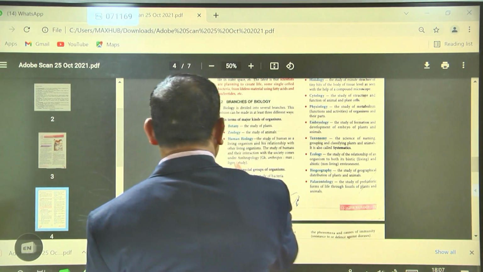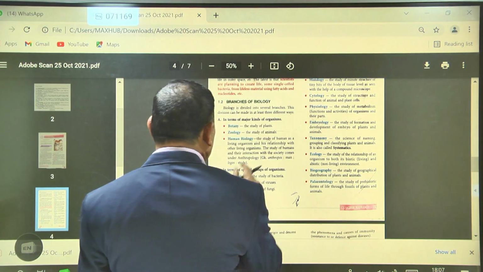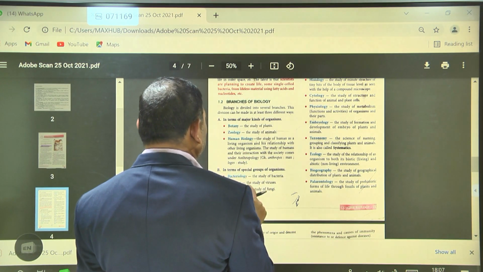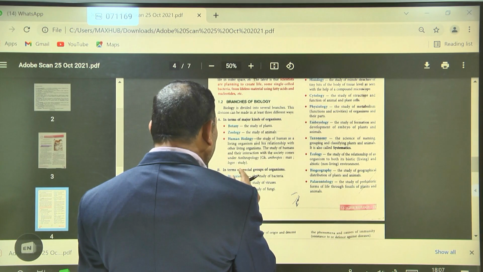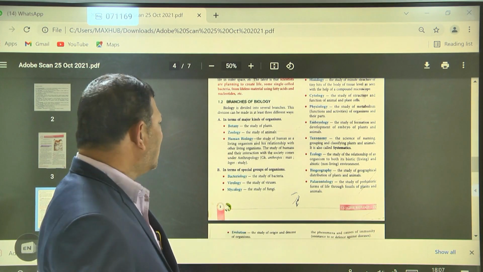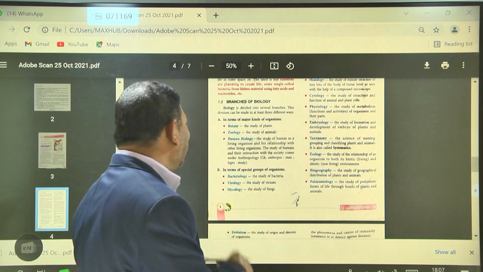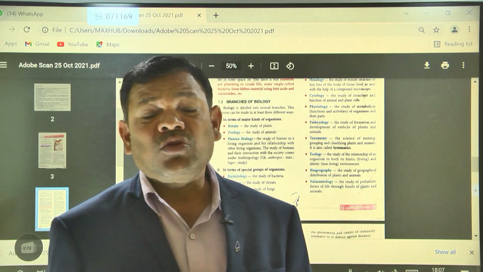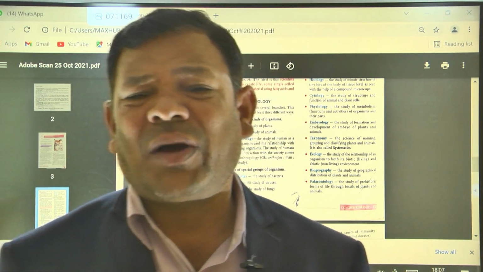Next is human biology or anthropology, the study of humans and their interaction with society.